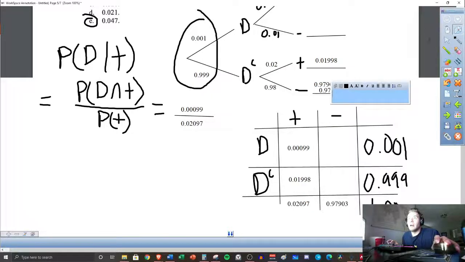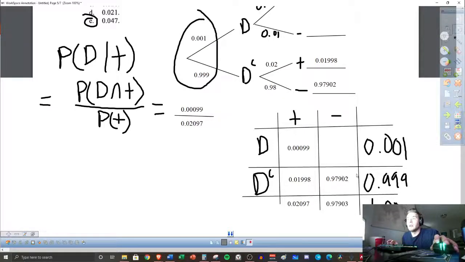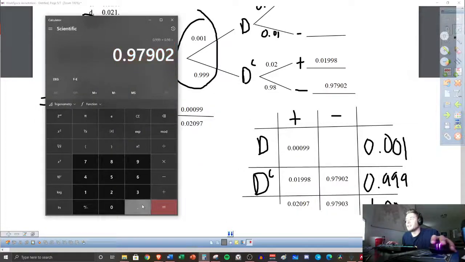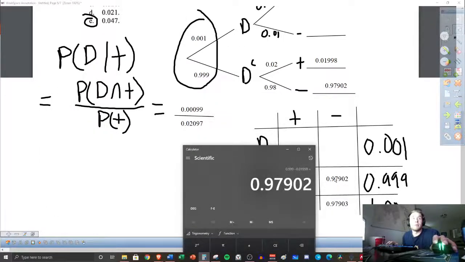And actually this value is going to go here. Okay. And if I wanted to confirm that, let's make sure that that's right. Hopefully I didn't do that wrong. 0.99, take away this one, 0.01998. Yeah, you can see that those match up right there.